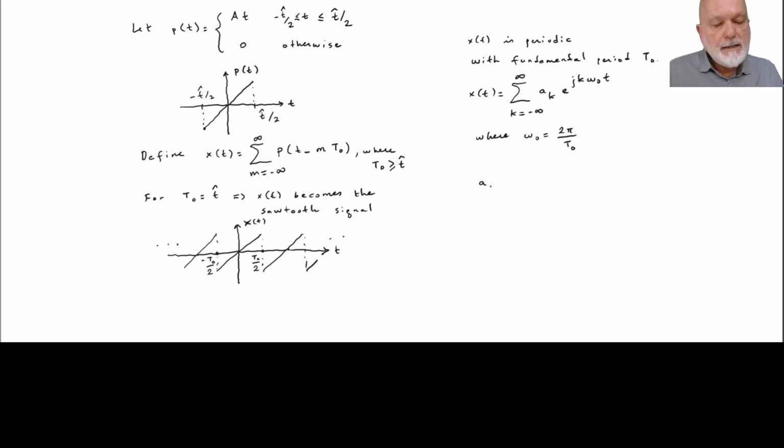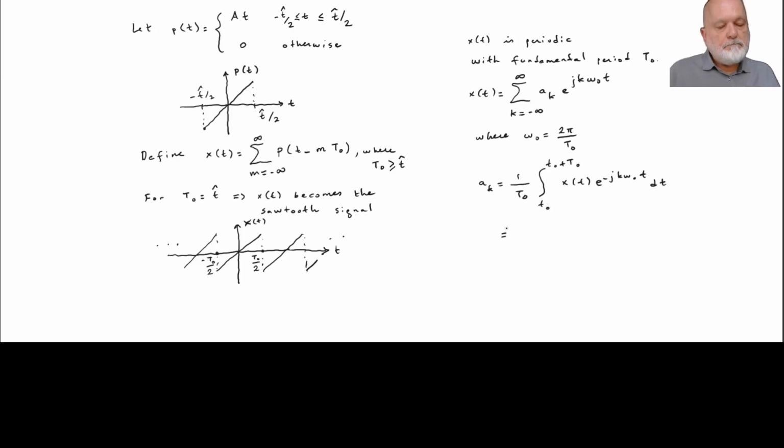Now, the coefficients ak can be determined by using the following expression, as we remember, 1 over T0, the integral over a period of x of t e to minus jk omega 0 t integrated with respect to t.